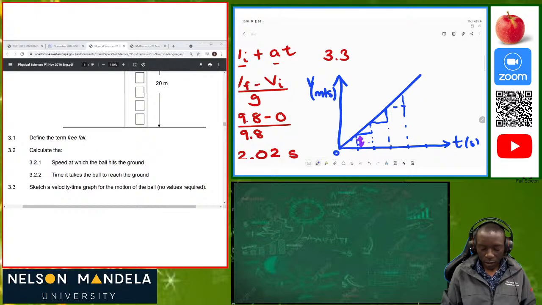Then this is the same amount. This is the same amount by which the velocity increases in equal time intervals.